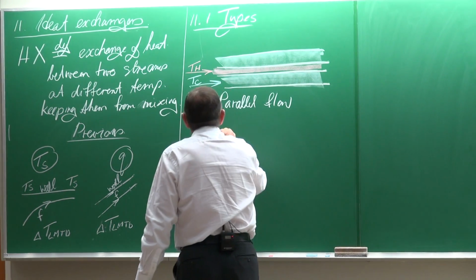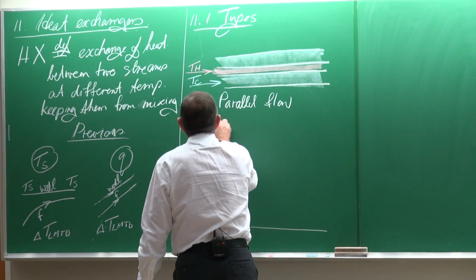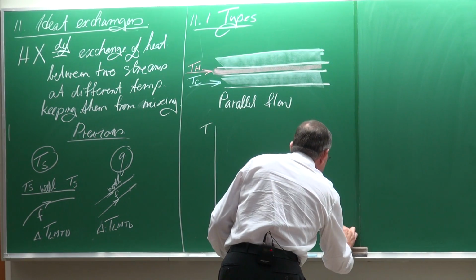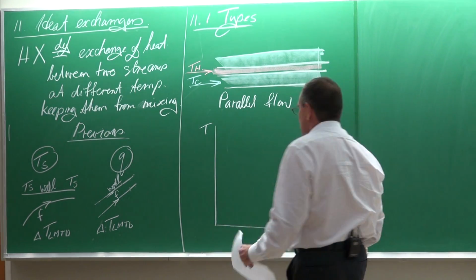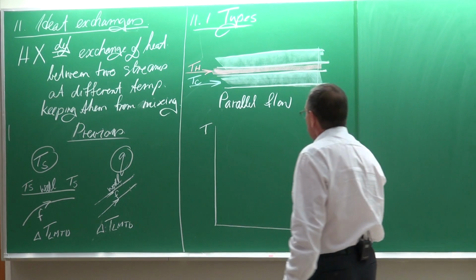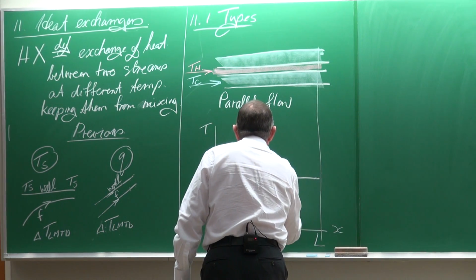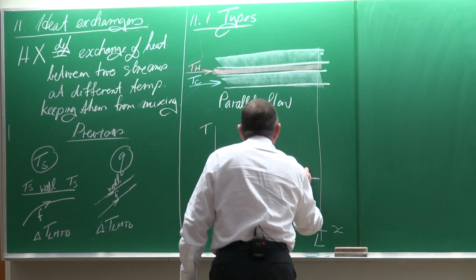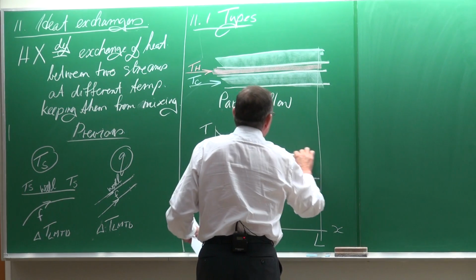And if we look at what happens with the temperature behaviors, the temperature as a function of X, and this is the length L of the heat exchanger, then typically the cold fluid would of course increase in temperature, while the hot fluid is going to decrease in temperature.